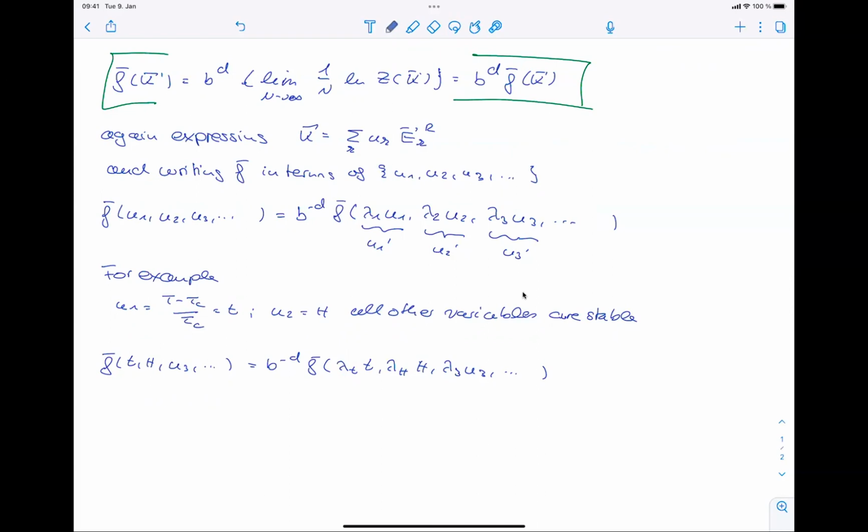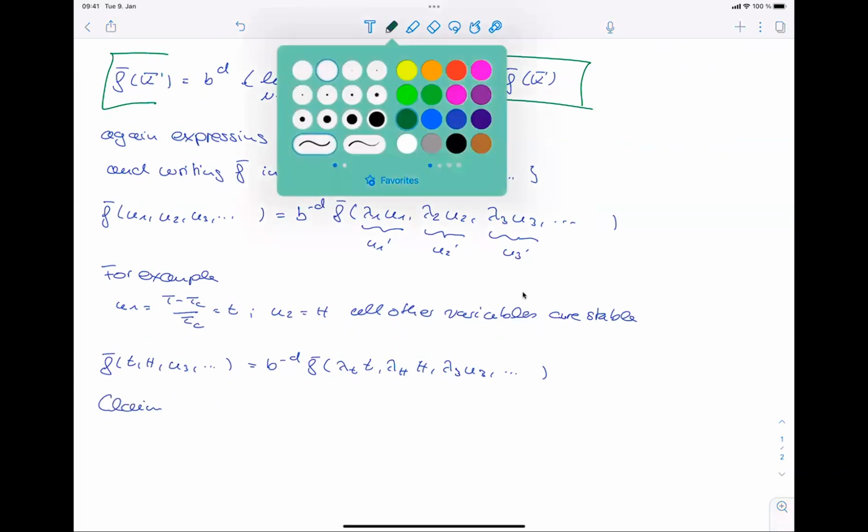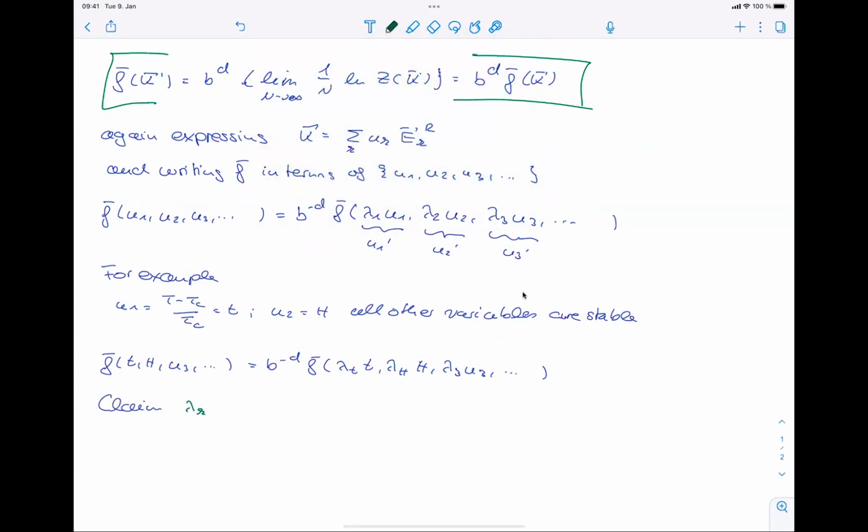And the claim now is that the lambda k's scale as B to an exponent A of k, where this exponent A of k is independent of B. We will reason that this is a good choice.